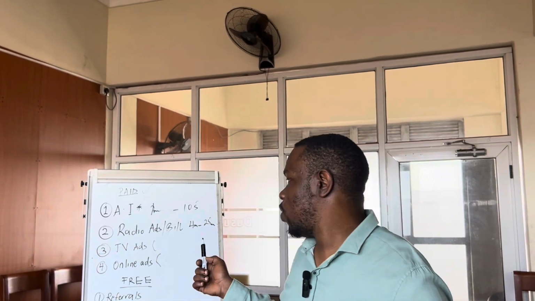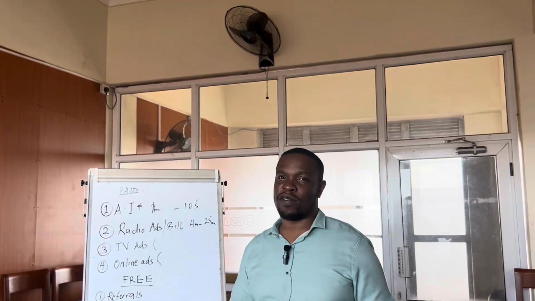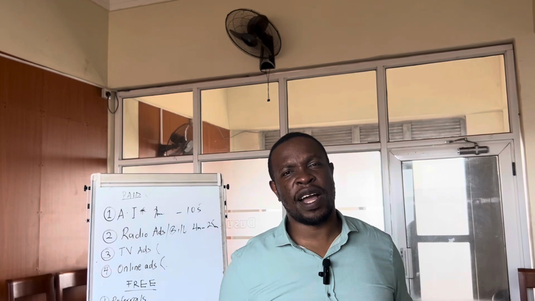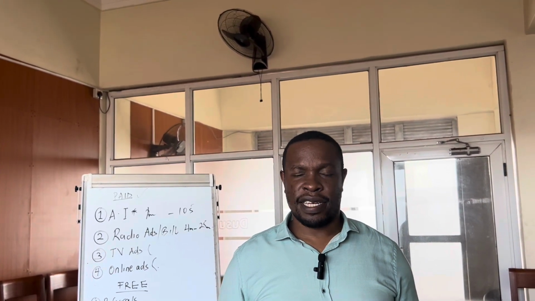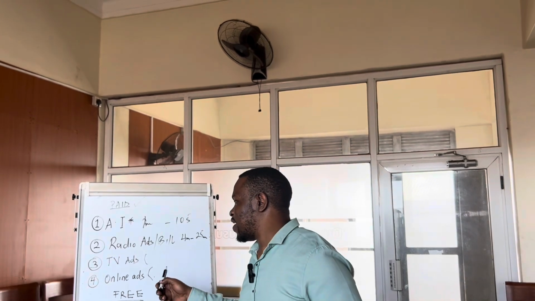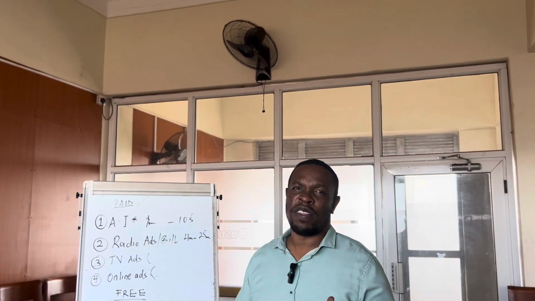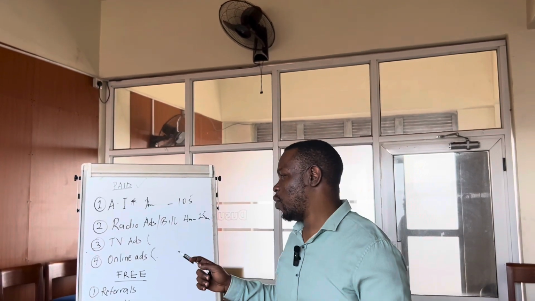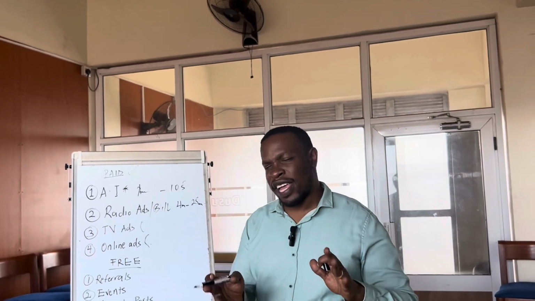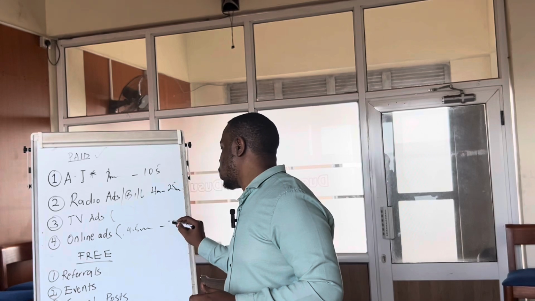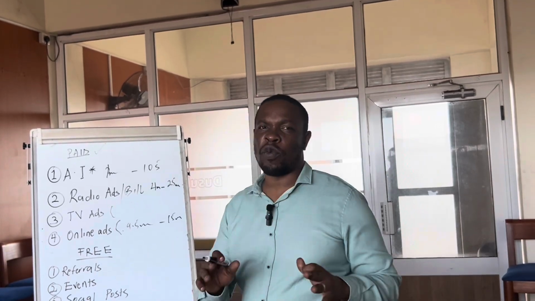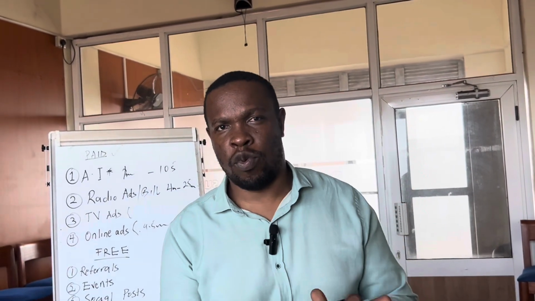Now, the disadvantage of the online ads is once the person messages, you still have to come back and follow up and track. Ultimately, it's just a matter of you choosing which of these alternatives work best for you. For the online ads, anywhere around 4.5 million shillings to 15 million shillings would really work well for you.